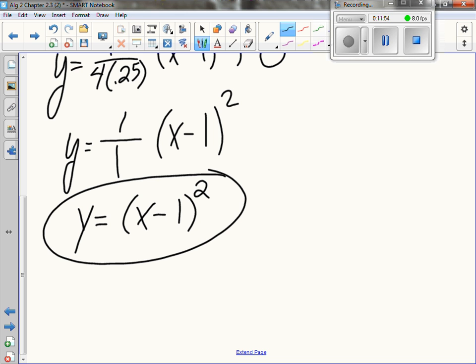And that's it. Because 1 over 1 would reduce to just 1, and we don't write 1 in. We wouldn't write plus 0, so this is just our equation.